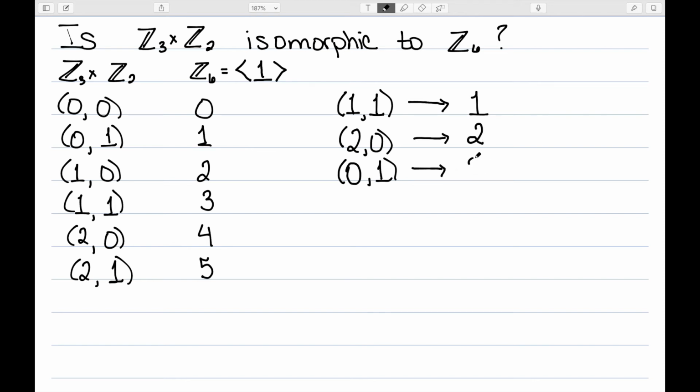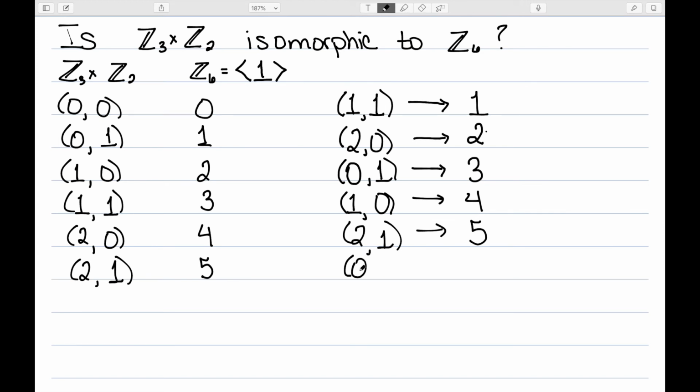1 plus 2 is 3. If I take this 2,0 and add it to itself, 2 plus 2 mod 3 is 1. 0 plus 0 is 0. Well, that needs to add to double this, or 4. If I were to add 2,0 and 0,1, that gives me 2,1. That needs to add to 2 plus 3, which is 5.